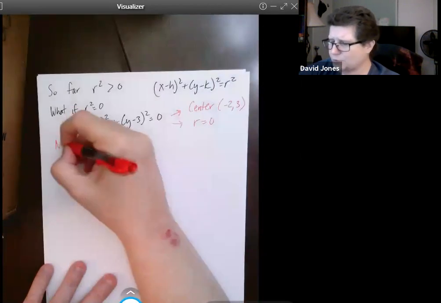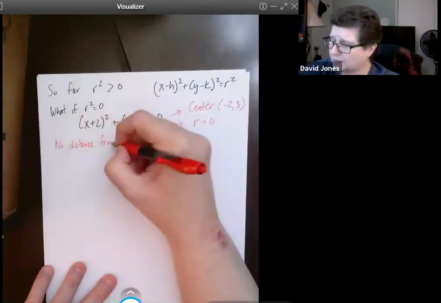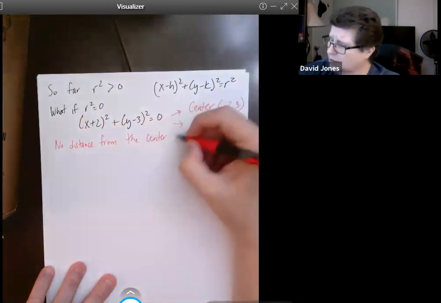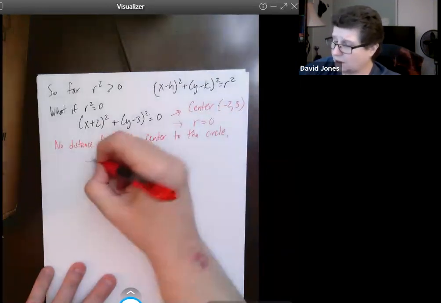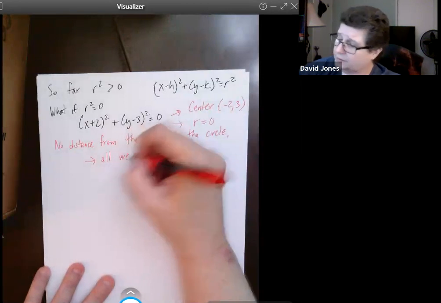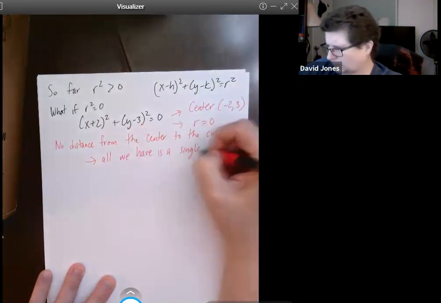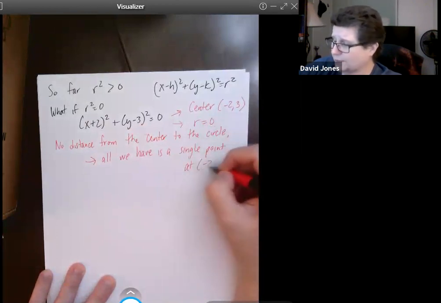There is no distance from the center of the circle to the circle, which means all we have is a single point at (-2, 3).